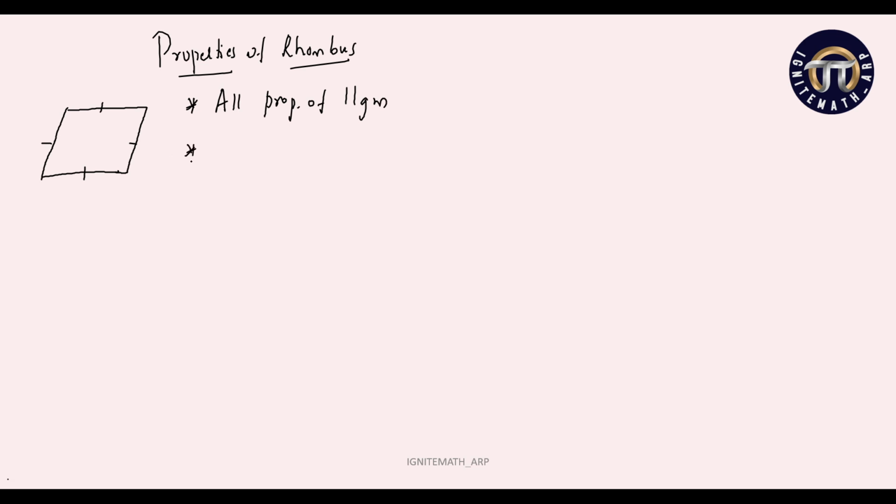Other than the general properties of parallelogram, it has some special, peculiar properties, that is all sides are equal to each other. In the sense, children, if I name it A, B, C, D, AB is equal to BC is equal to CD is equal to DA.